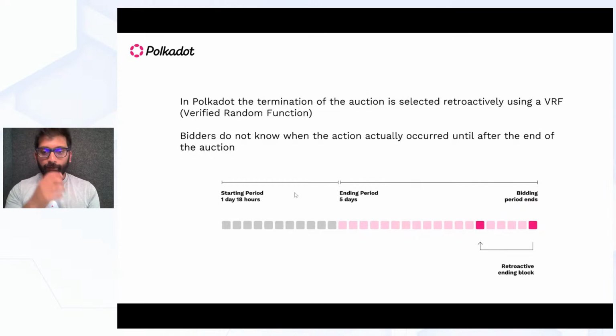What happens is the project keeps bidding, and the bids keep going until what we call the ending period. After the ending period, the winning block is retrospectively picked. So this ensures a mechanism where the candle is not visible, and whoever has the highest bid at that point is going to win that particular slot.